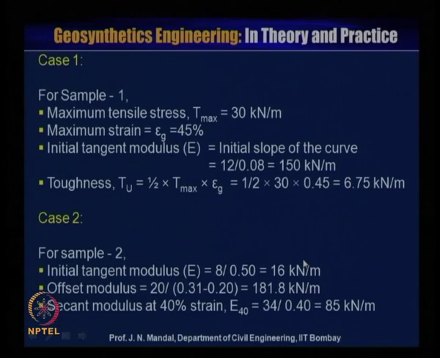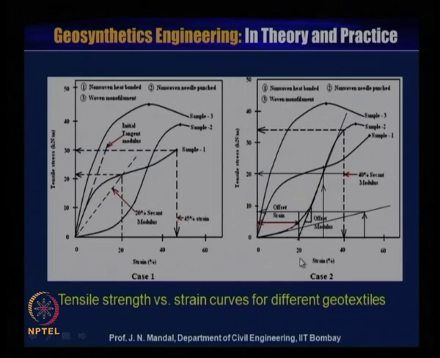Now, how can we calculate the offset modulus? This is the offset modulus, this slope. So, this is 20, and we are taking this slope, so we are taking this point. This is 20 and this is in between 20 to 40. So, this is 31 and the corresponding tensile strength value is 20.